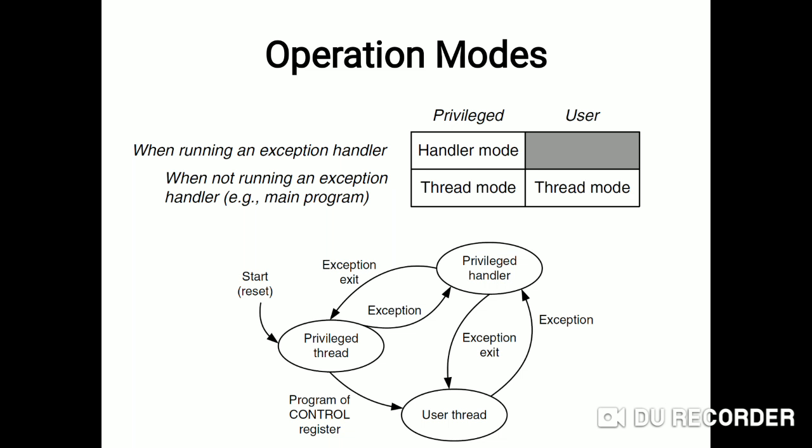When the processor is running the main program, that is, thread mode, it can be either in a privileged state or in a user state. But an exception handler can only be in a privileged state. When the processor exits reset, it is in thread mode.